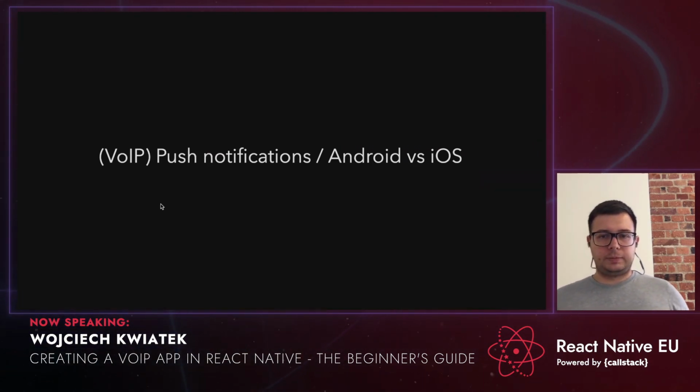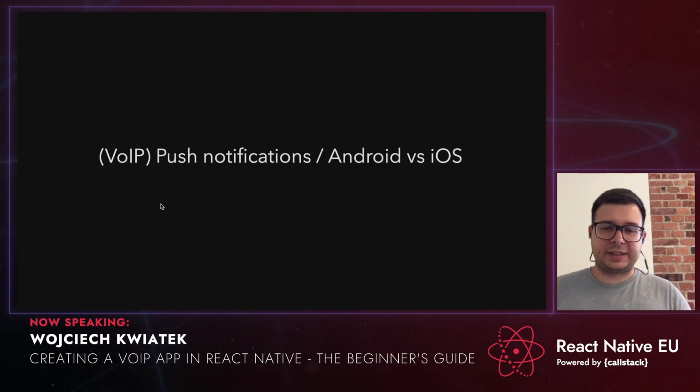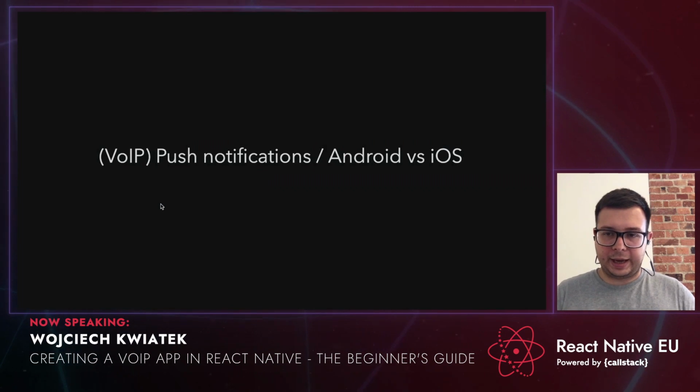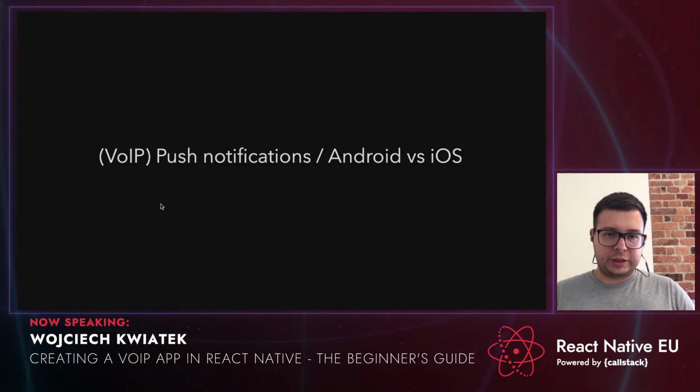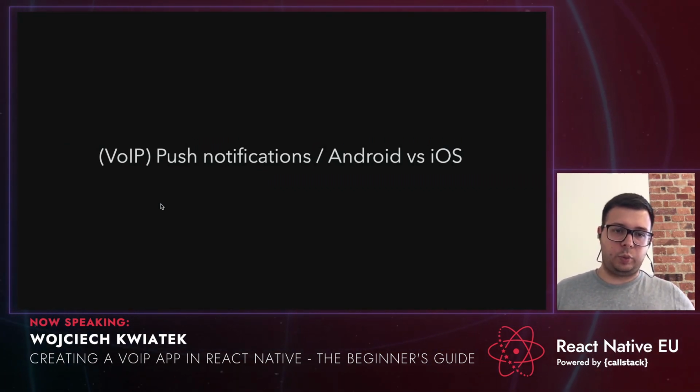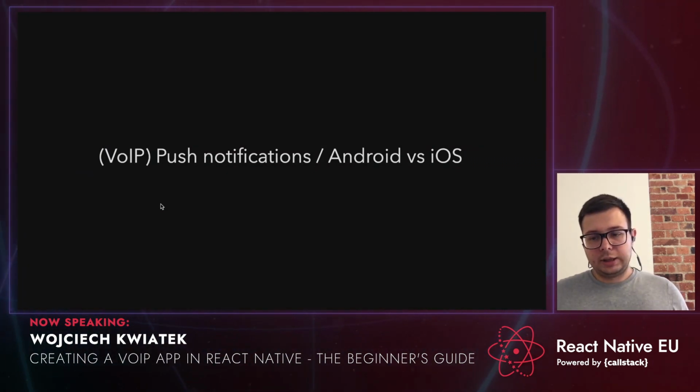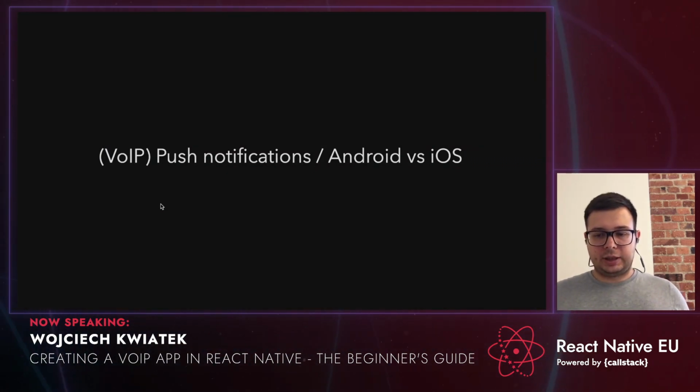Also, we have a slight difference here when it comes to Android and iOS. For iOS, we have two kinds of notifications: push notifications and VoIP push notifications. The VoIP ones are meant to be used only for signaling the call. So for example, let's go back to the example.